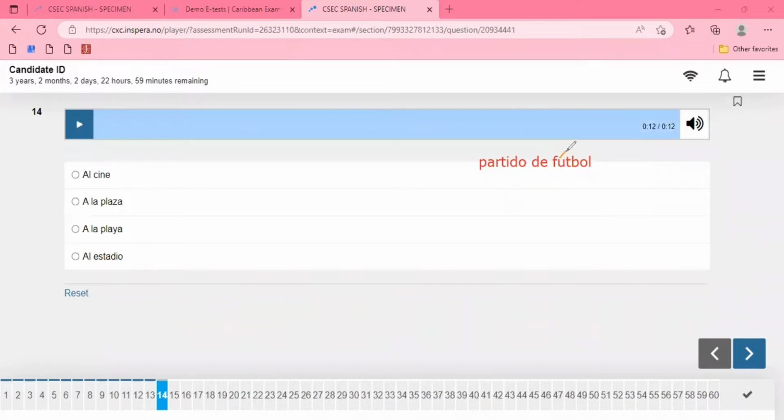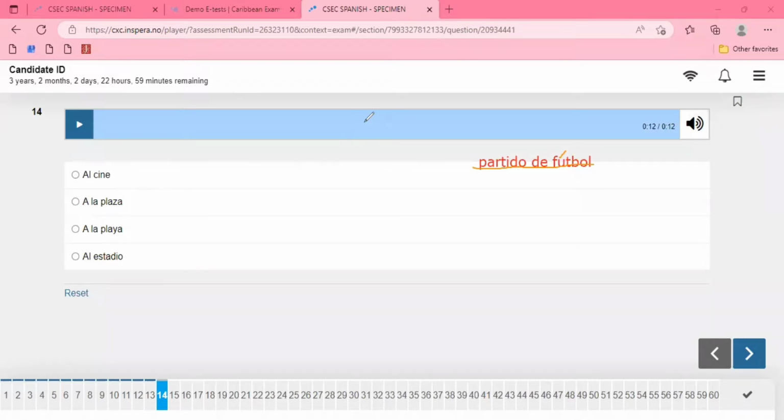All right. So we have someone asking basically, why don't we go to the football game today? Based on what the newspaper is saying, it's going to be great. It's going to be phenomenal. So of course, it would have been great for you to catch all of that. But if you didn't, the keywords would have been partido de fútbol. And the question at the end was, where are these persons going?